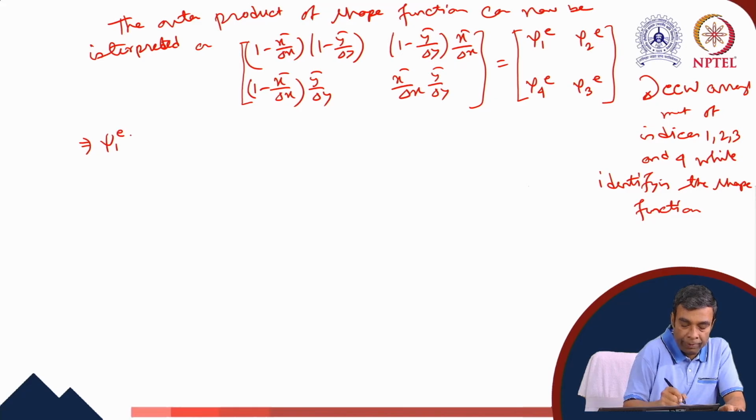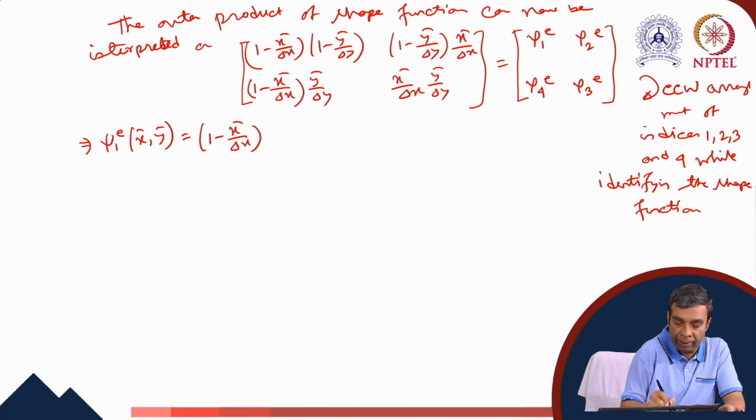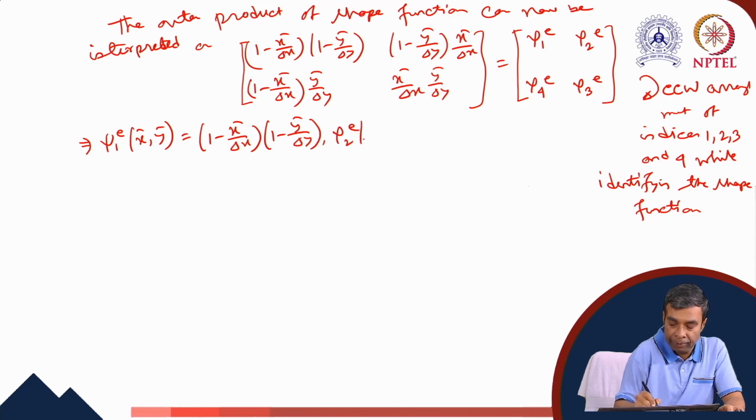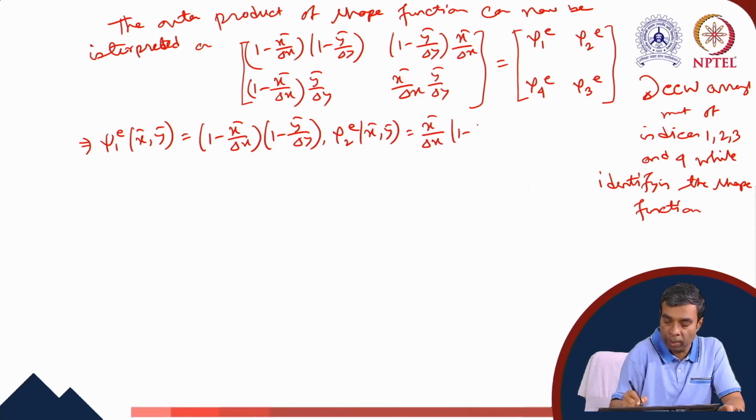So we can summarize here. Psi 1e x bar y bar equals 1 minus x bar by delta x into 1 minus y bar by delta y. Psi 2e x bar y bar equals x bar by delta x into 1 minus y bar by delta y.